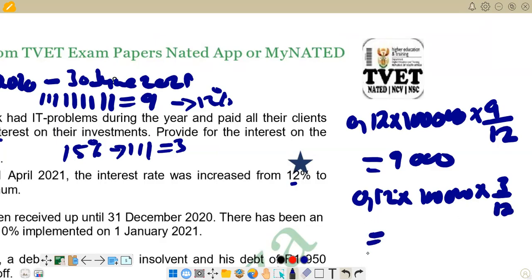So when you calculate that one, we say 0.12 multiplied by 100,000, and then we multiply by 3 over 12. Right, you get 3,000. So it means here you are supposed to get 3,000.